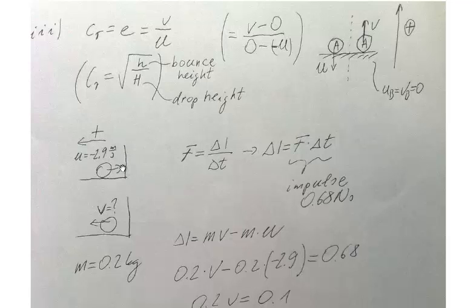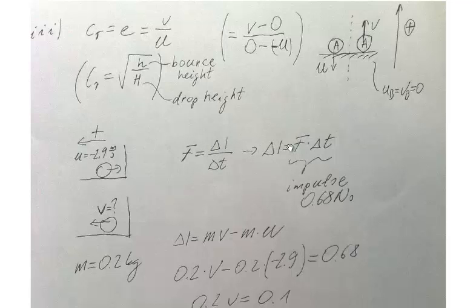Here is the wall, for example, the ball, and our positive direction to the left. We need final speed. We know that force is equal to change in momentum over change in time.